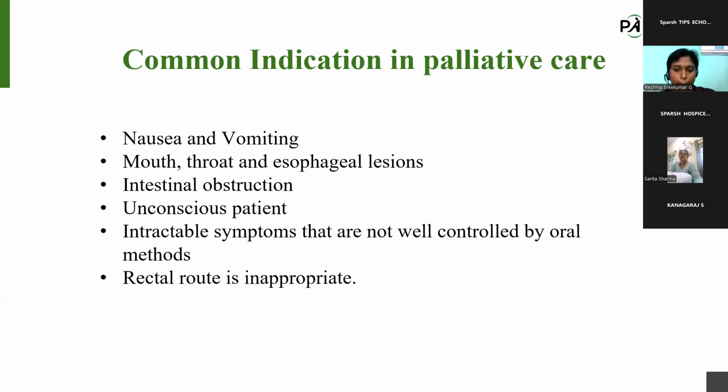The dose is the same: if the patient is taking tab morphine 10 mg orally for pain management and after chemotherapy experiences severe nausea, he can't take anything orally. At the same time the patient is in a home care setting. So at that time we can prefer the rectal route for morphine administration.